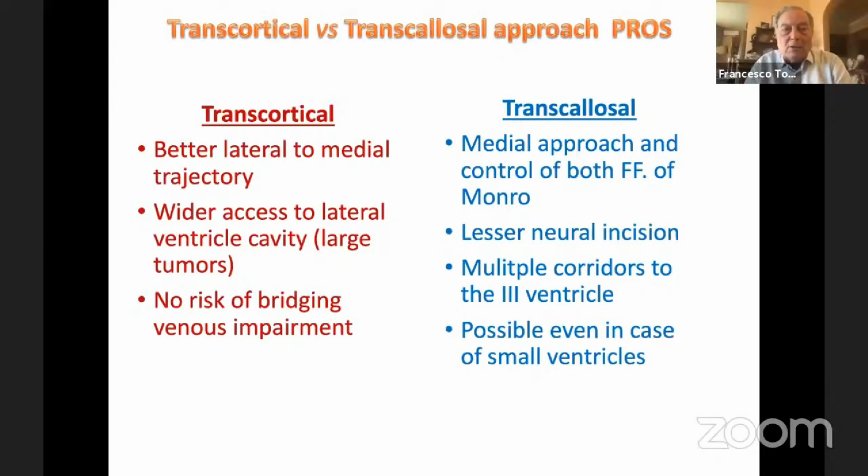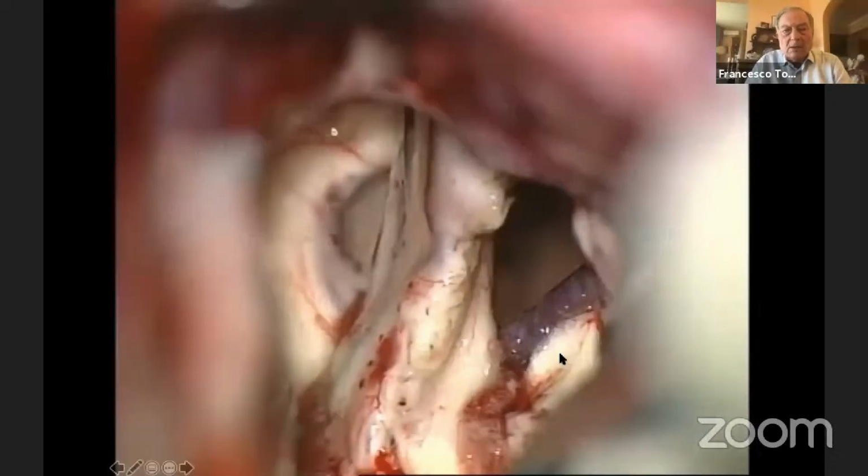We have an incision of 1 centimeter, 1.5 centimeters of the corpus callosum. We have multiple corridors to that ventricle, and it's possible even in case of small ventricles. So as you see here, I showed you before, we have absolute control of the cavity from both sides.